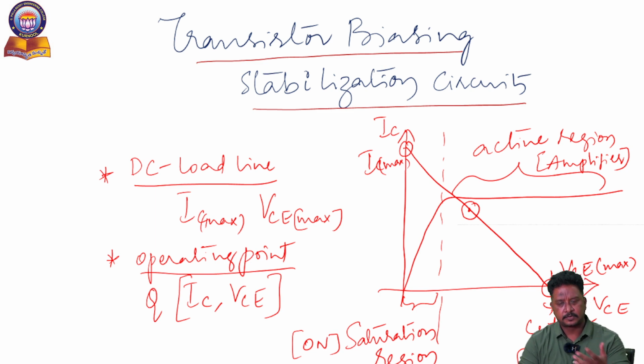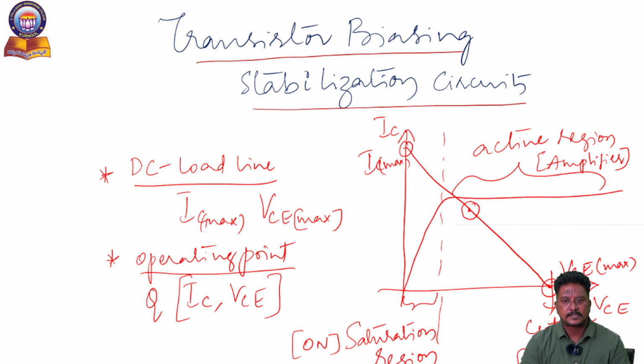Anyway, due to some internal parameters or some external parameters, the output current is trying to change. Due to the physical properties of the transistor, and externally the temperature is increased depending upon the environment in which the transistor or amplifier is operated, obviously the operating point is trying to shift from the active region to the saturation region.